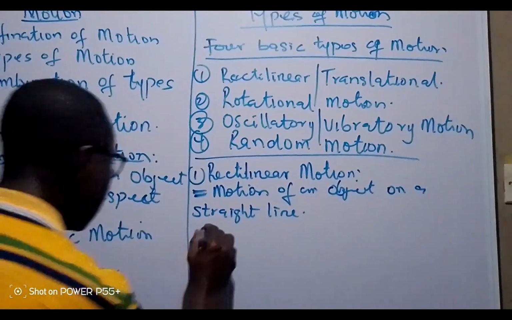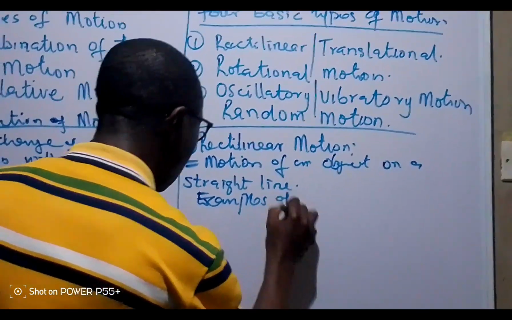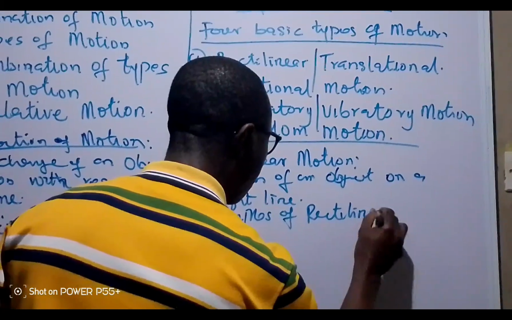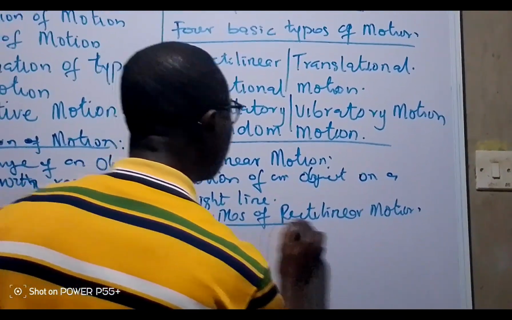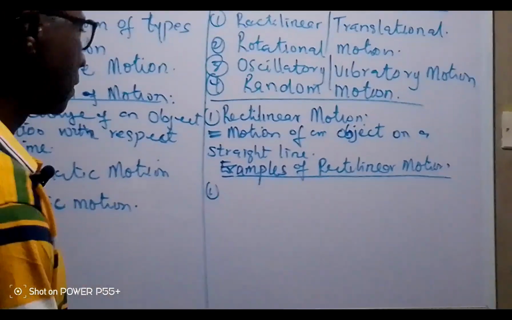Now, what are the examples of rectilinear motion?